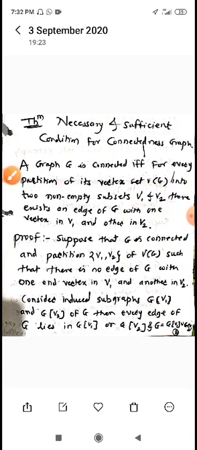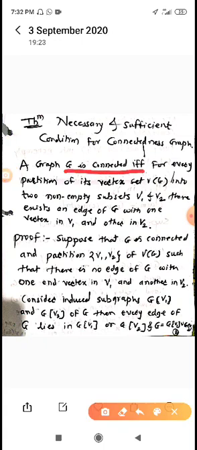Now we first prove the if part. The if part is: suppose that graph G is connected, then we have to prove that for any partition of vertex set V of G into two non-empty subsets V1 and V2, there exists an edge with one end vertex in V1 and the other end vertex in V2.